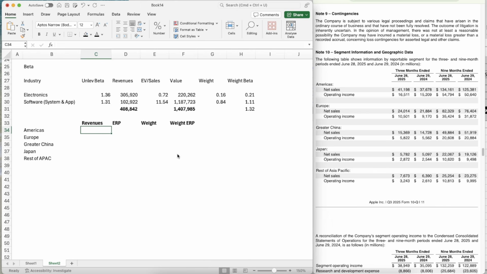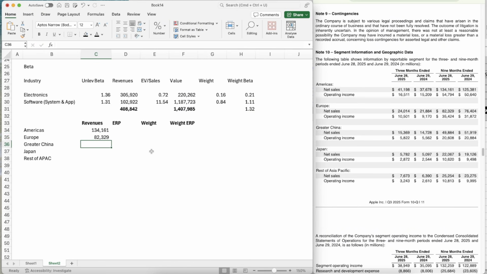So for Americas, the sales were 134,161. Remember, this isn't annual sales. This is just year to date of what they've reported. But all we're doing is trying to find out where Apple gets its revenues from, so that we can assign a risk to that.